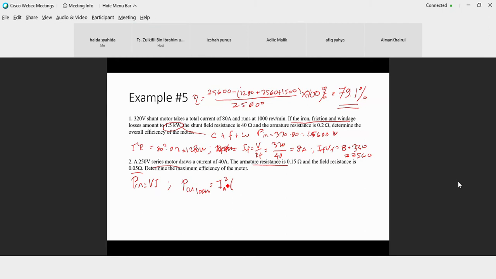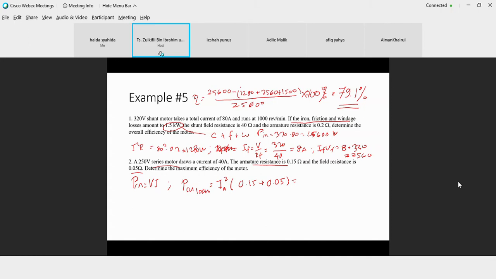So R in series you can add directly: 0.15 plus 0.05, multiplied by 40 ampere times 40 ampere.